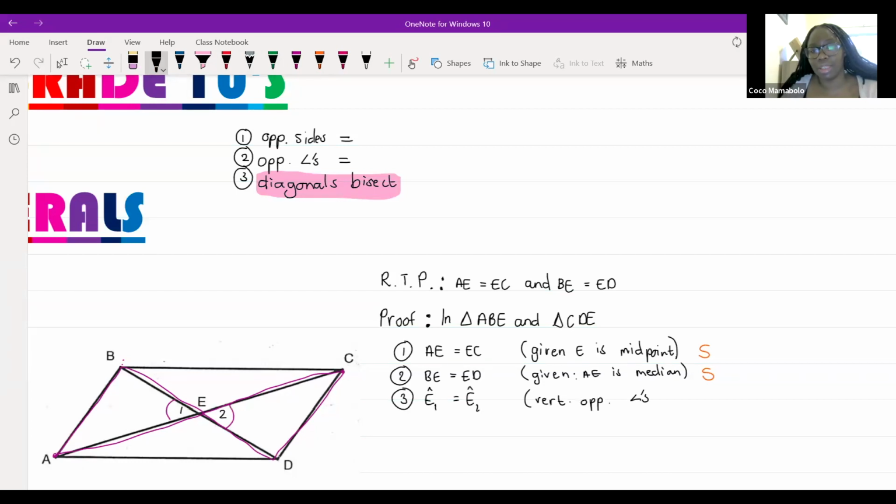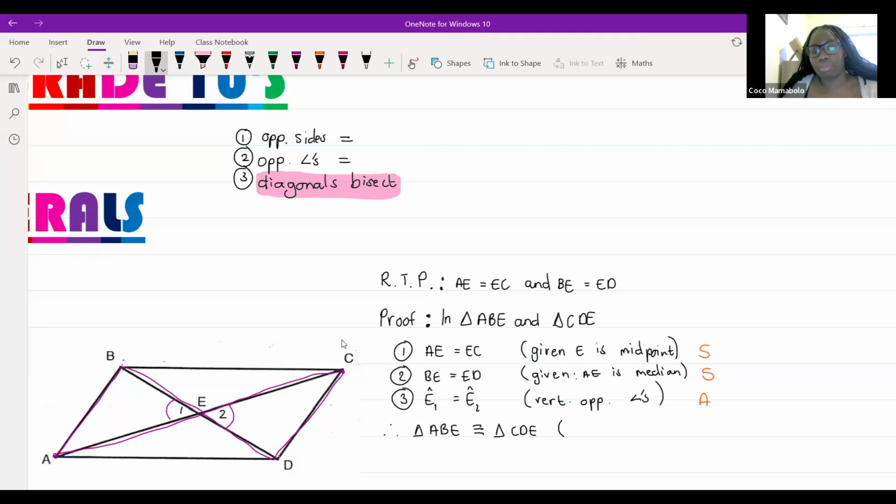Well done. Very nicely done. All right. Then we've got our three reasons. Now we can say, therefore, triangle ABE is congruent to triangle CDE.